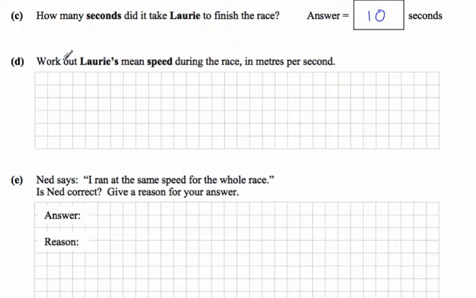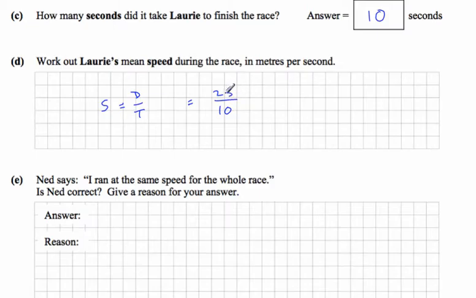Part D says, work out Laurie's mean speed during the race in meters per second. Okay, so Laurie's mean speed, that's her average speed, type of average mean. Speed is distance divided by time. That's a formula you should know. And in our case, Laurie's distance was 25 meters, and her time was 10 seconds.